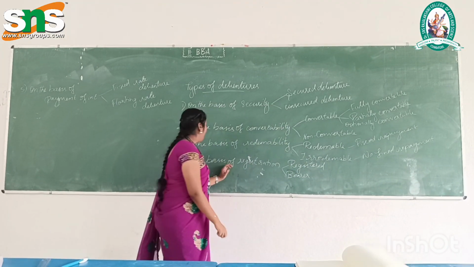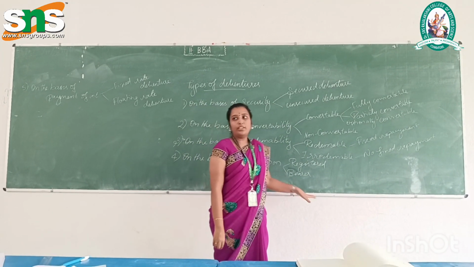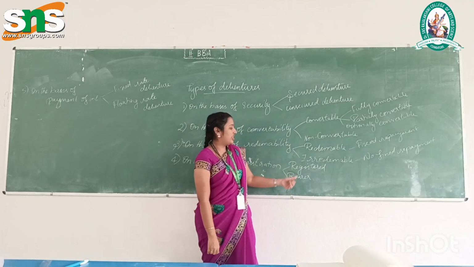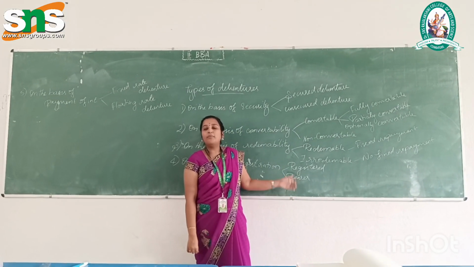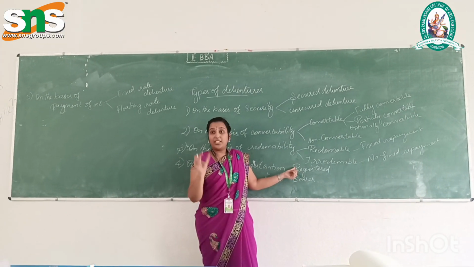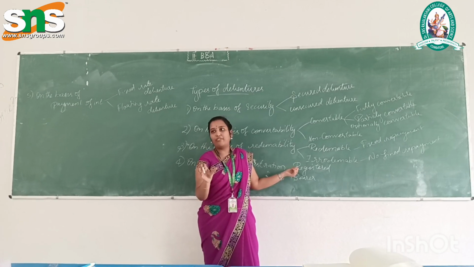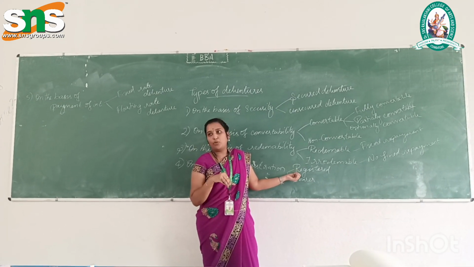Next, moving on to the basis of registration. On the basis of registration, there are registered and bearer debentures. In a registered debenture, the person named on the debenture certificate will get the debenture amount.